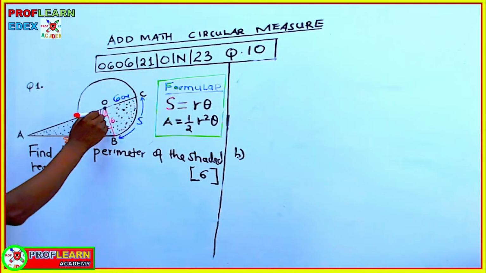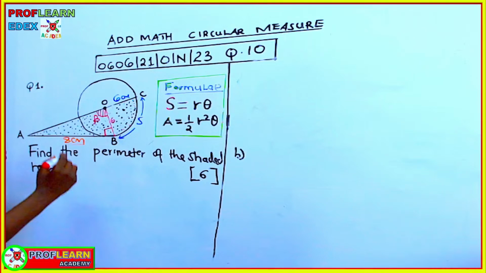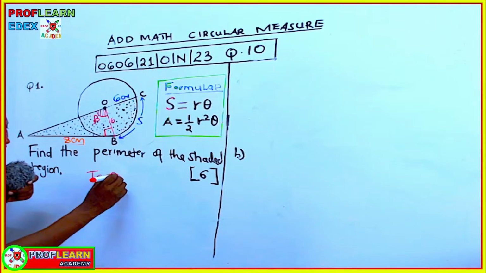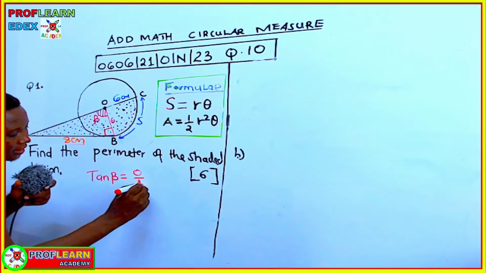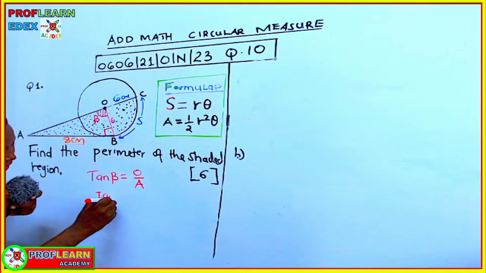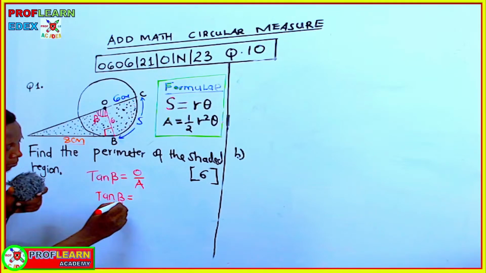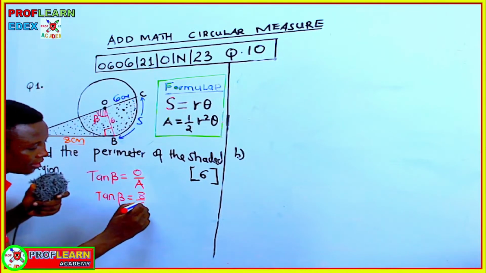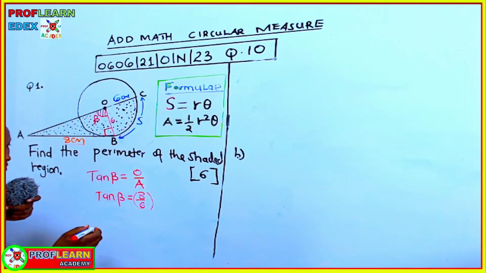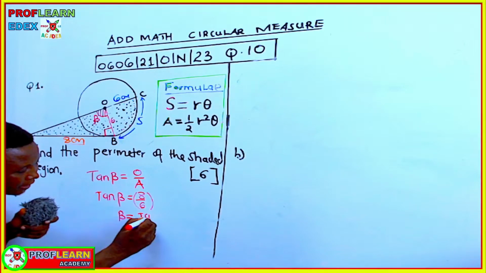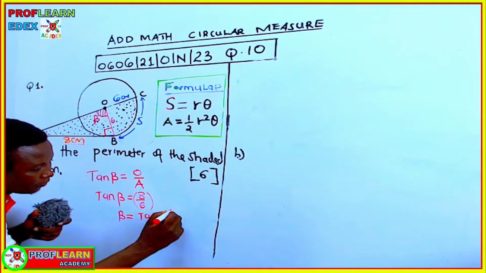Since this angle is opposite to this side and adjacent to 6, we can say tan beta is equal to opposite over adjacent. Beta is just a symbol to represent an angle, like theta. Opposite is 8 over adjacent, which is 6. So beta is equal to the tan inverse of 8 over 6.